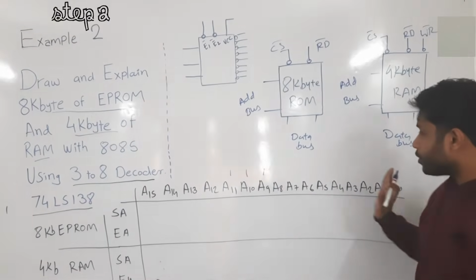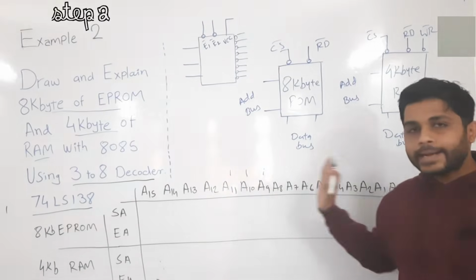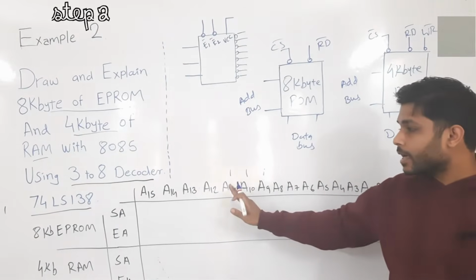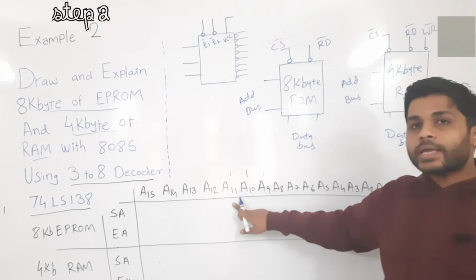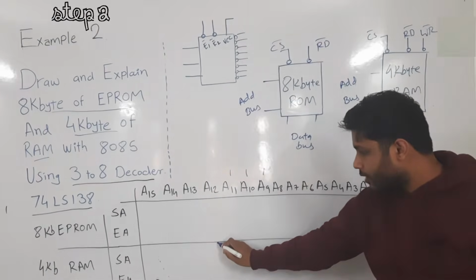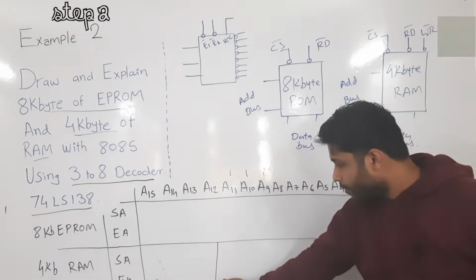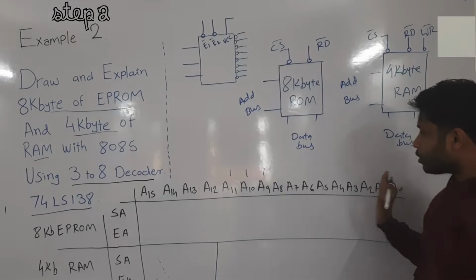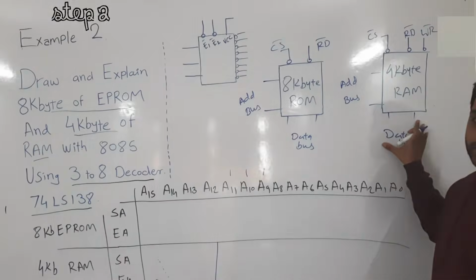If you are connecting A0 to A11, it means total 12 address lines. Using these 12 address lines, you can connect 4 KB of RAM. So you can clearly understand that to connect 4K RAM, we have to provide A0 to A11 to this memory.